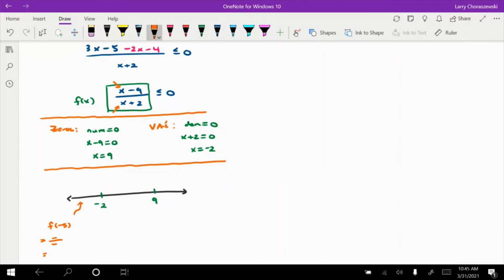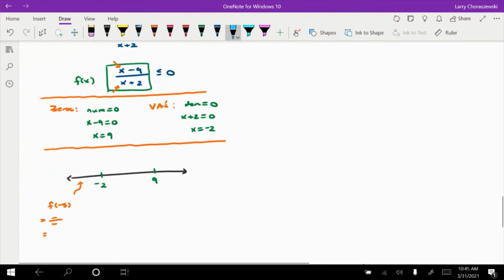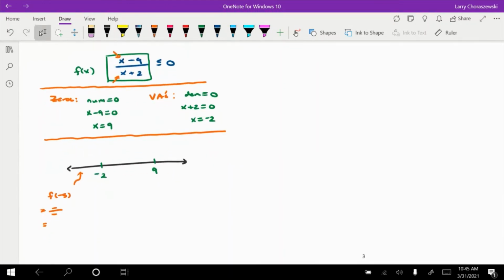And what's the end result of a negative divided by a negative? Positive, yep. So any value of x that's less than negative 2 is going to make our function positive.